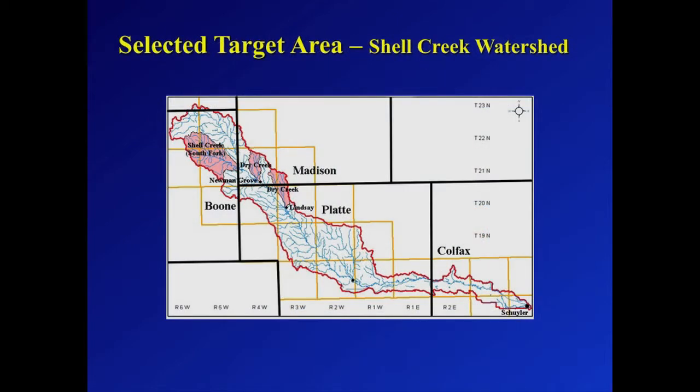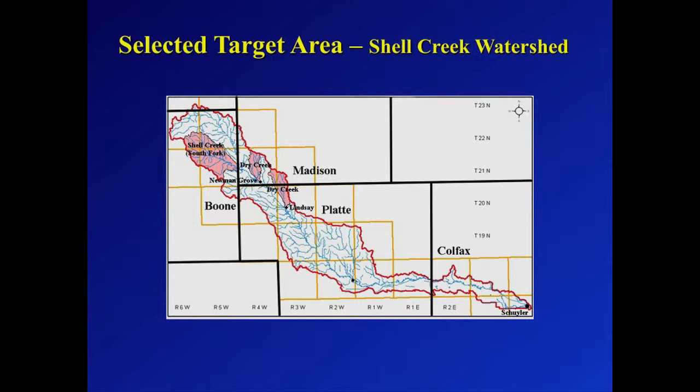We were working primarily in the Shell Creek watershed, which is in northeast Nebraska, in parts of four counties: Boone, Platte, Madison, and Colfax. Shell Creek has a real history of being, if you will, averse to the adoption of conservation practices. It's a highly erodible watershed.